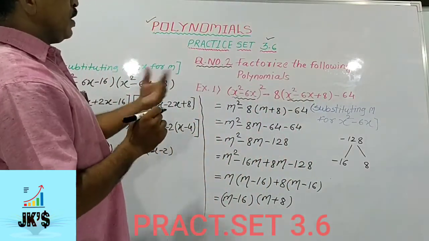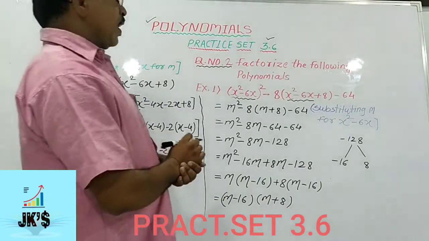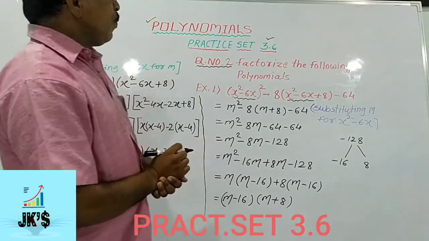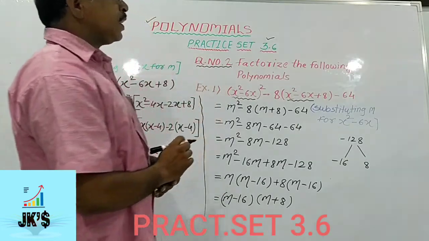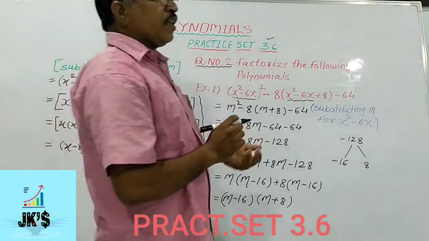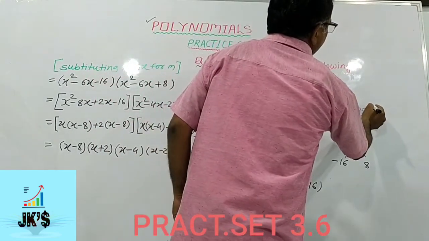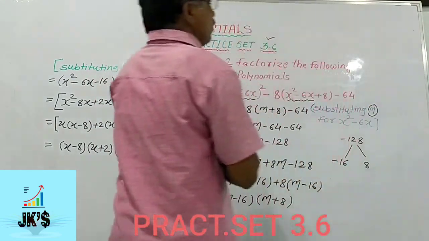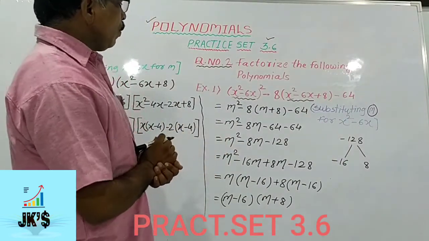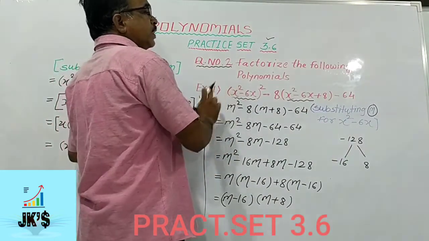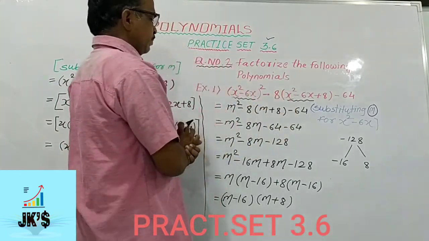So for solving this example, to factorize it, we have to substitute this x square minus 6x by another variable. Suppose we substitute this x square minus 6x by m. Where there is x square minus 6x, we substitute m for it.